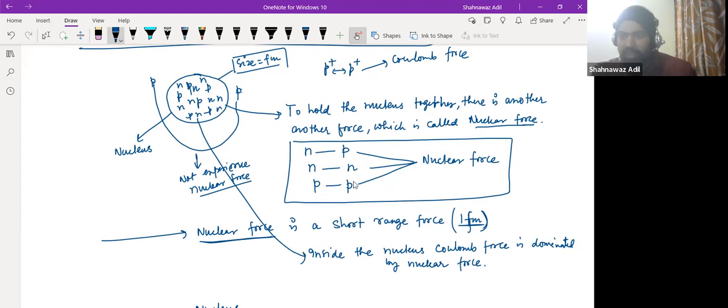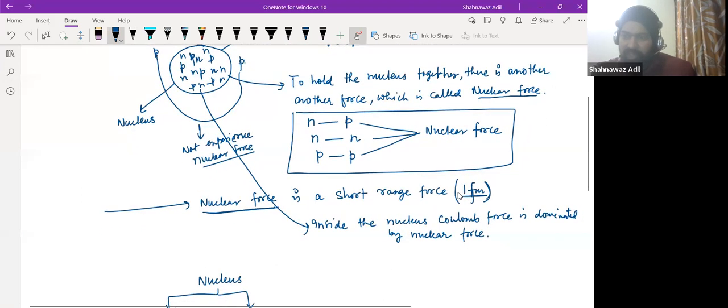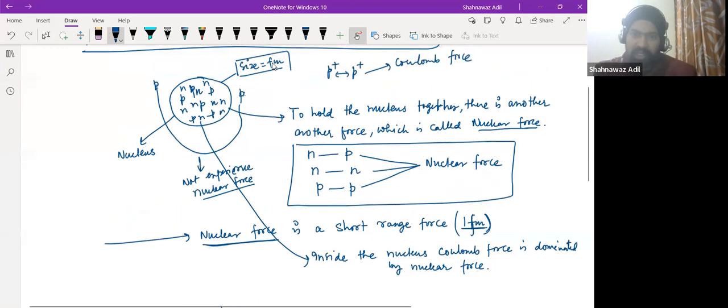They are acted on by this nuclear force, which is a short range force. Whenever the separation exceeds some value, say a femtometer, this nuclear force will vanish. These are particular things about this nucleus.